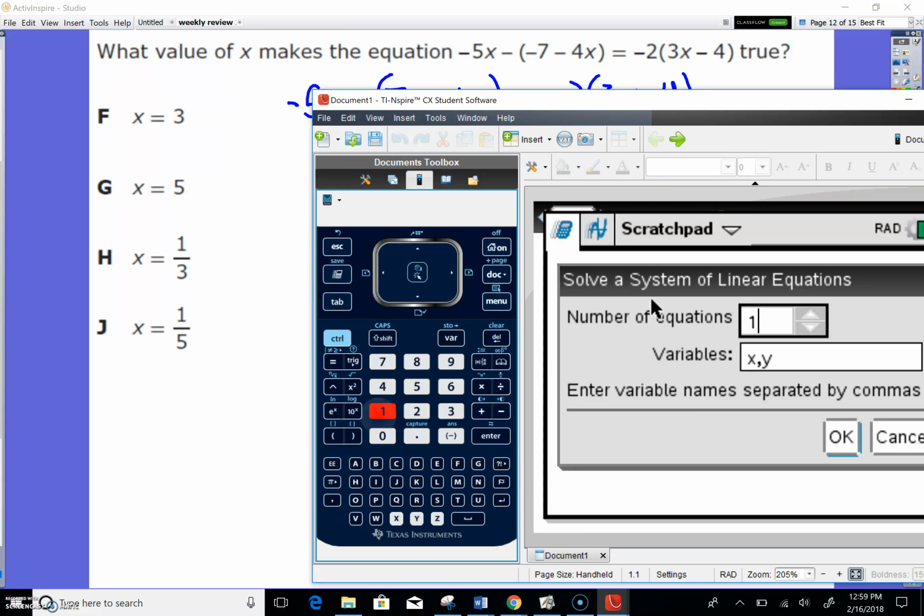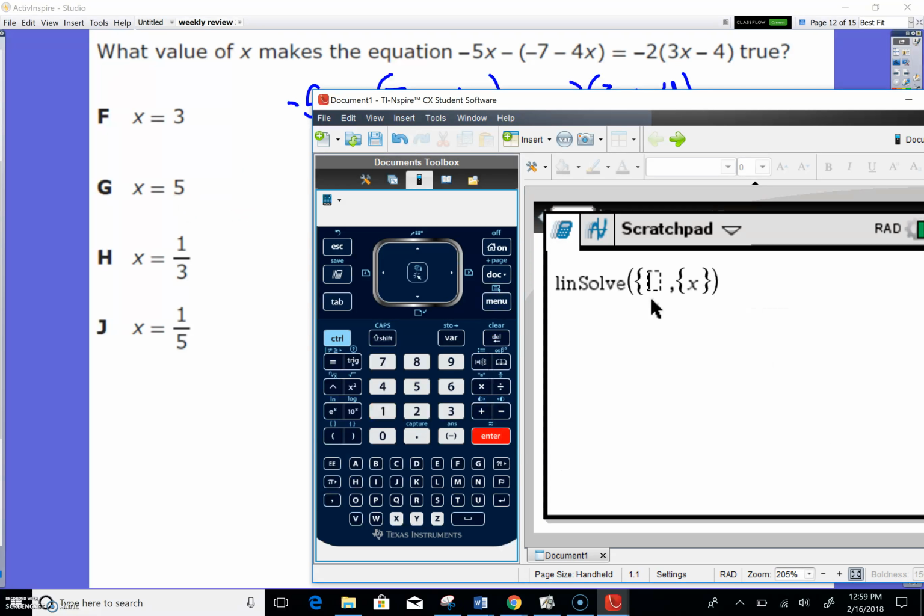Again, there's only one. -5x minus parentheses -7 minus 4x close parentheses equals -2 parentheses 3x minus 4 close parentheses.